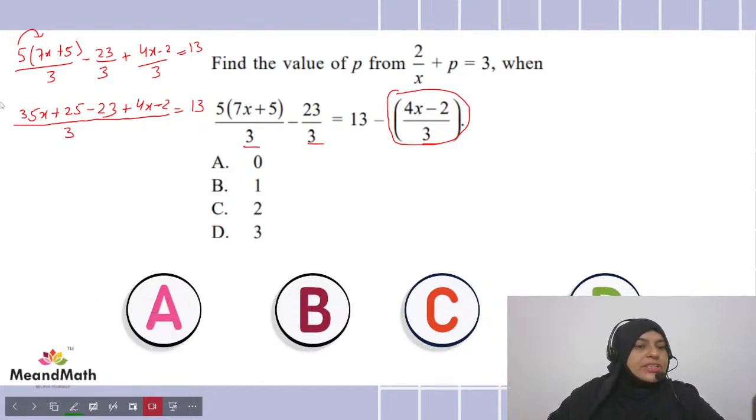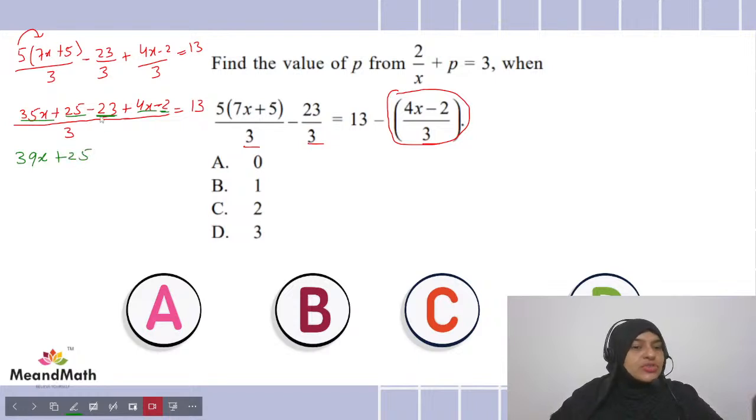Now, you can see here 35x and 4x. It will be 39x. Then 25 minus 23, or you can say minus 23 and minus 2. Minus and minus is plus, but the sign is of minus.